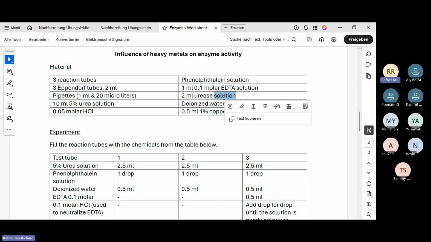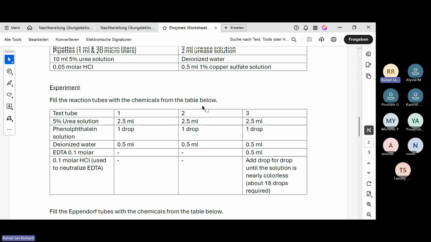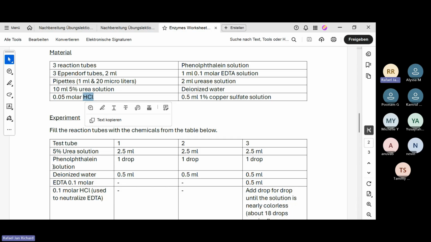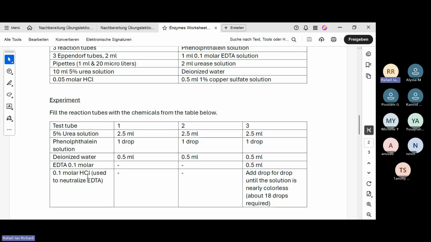And then you need again copper sulfate instead of thiourea like in the last example, and HCl, which also neutralizes EDTA. So here you see what you need to add into the test tubes.